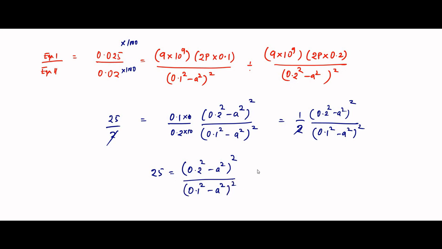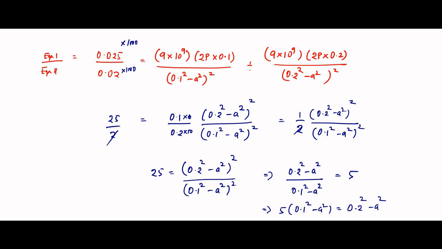So taking square root on both sides, we get 0.2 square minus a square by 0.1 square minus a square is equal to 5. That implies 5 into 0.1 square minus a square is equal to 0.2 square minus a square.